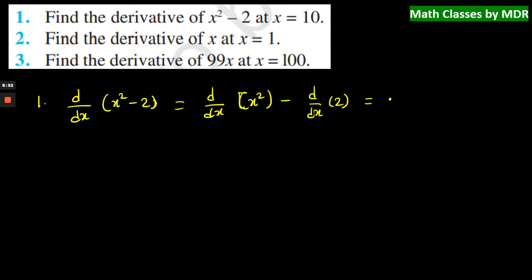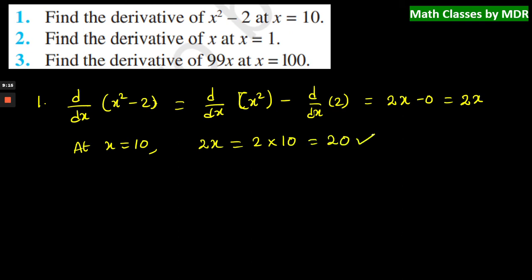It is 2x minus 0, which is equal to 2x. Right? So at x is equal to 10, we have to substitute x with 10, that's it. So at x is equal to 10, this derivative 2x is equal to 2 into 10, which is equal to 20. That is our answer.